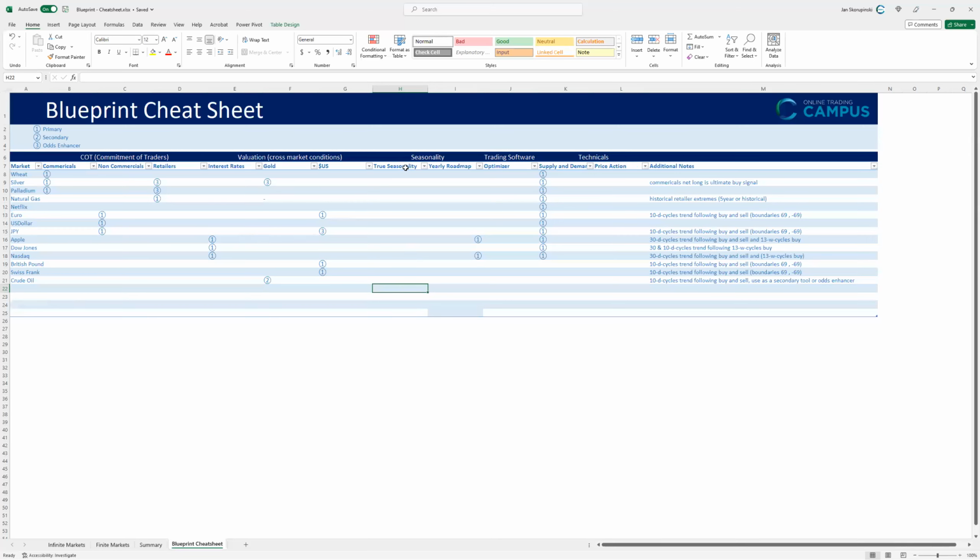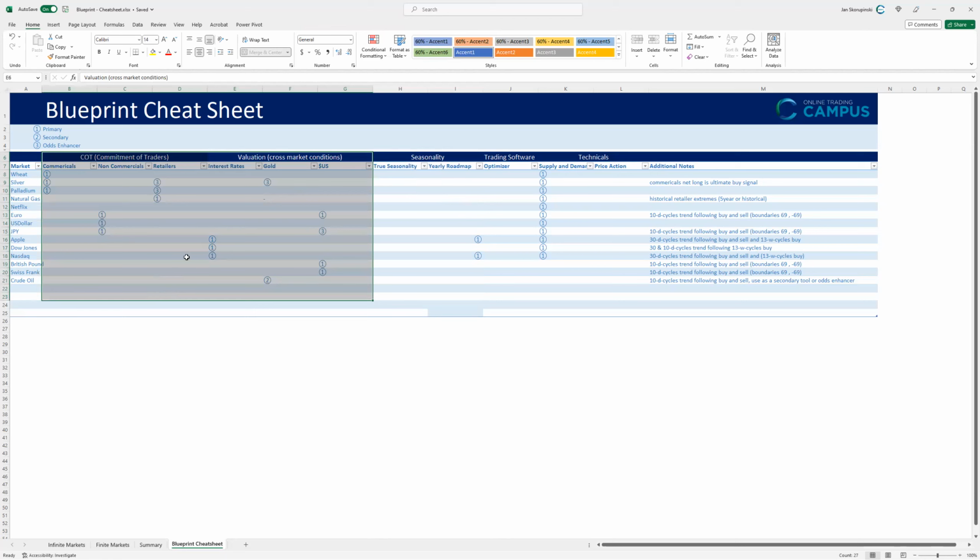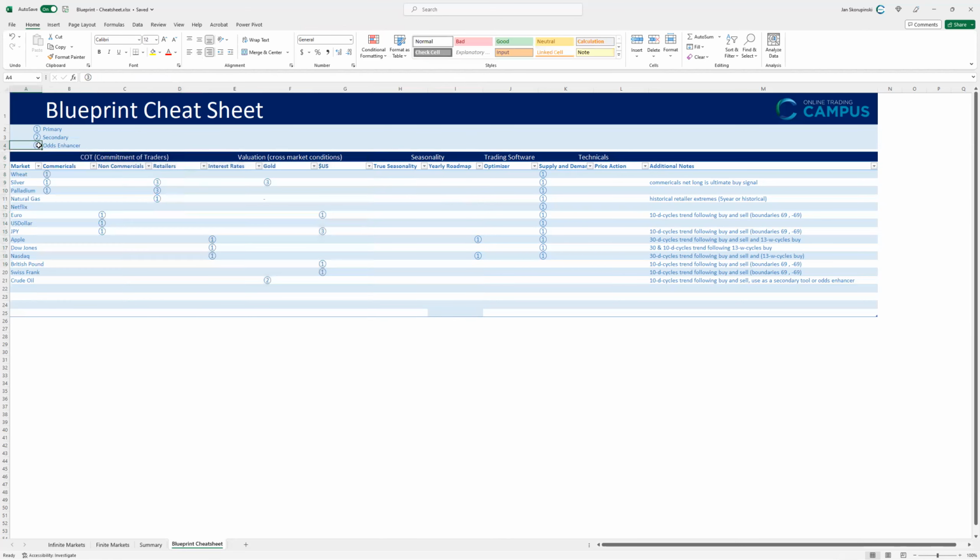It's very vague at the moment, but I'll explain what I mean by that exactly, and how we're going to use that in line with our tools. Most of the time, true seasonality will be an odds enhancer or a secondary tool.